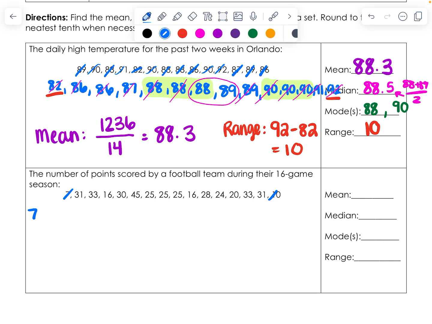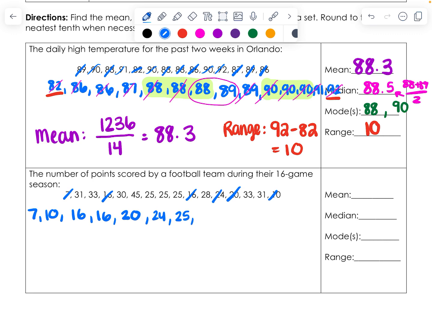Then 10. I have 2 16s. 20. A 24 will be my next biggest number.